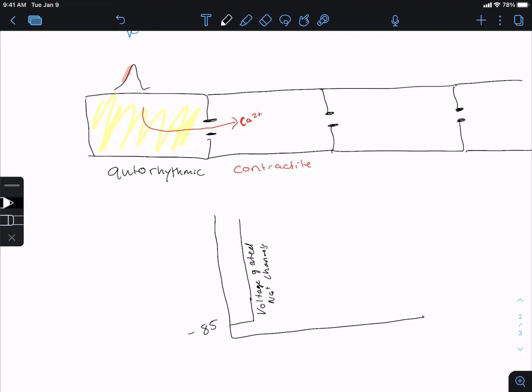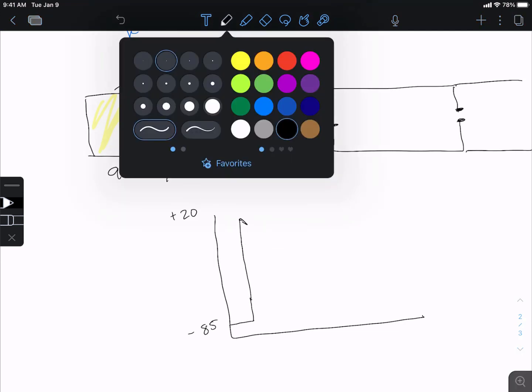Now these channels inactivate just like the channels in the neurons. They're going to inactivate at about plus, actually it's a little lower, I think it's about plus 20 millivolts. And when that happens, the cell is going to begin to repolarize because we also have the opening of voltage-gated potassium channels.